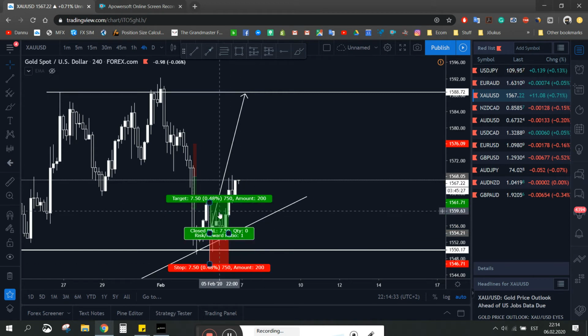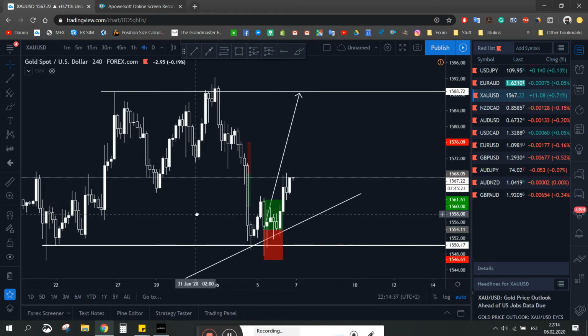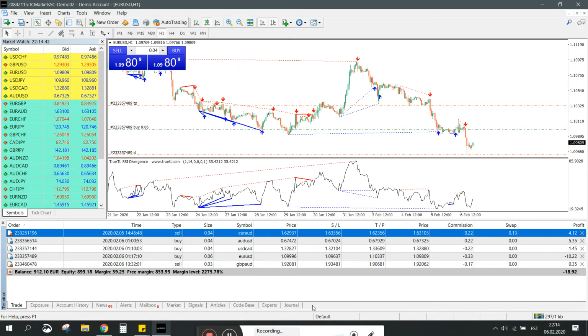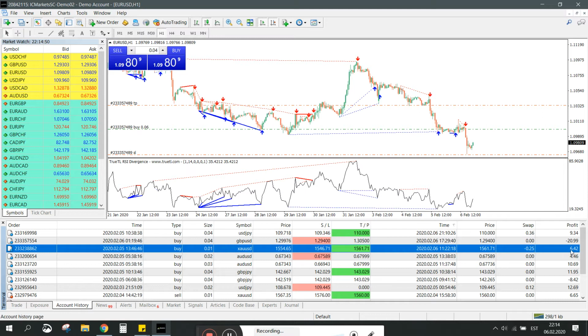So it hit my take profit. It was like 75 pips. Okay, cool. But I was just in it with 1 microlot, so I made like €6. Yeah, €6.